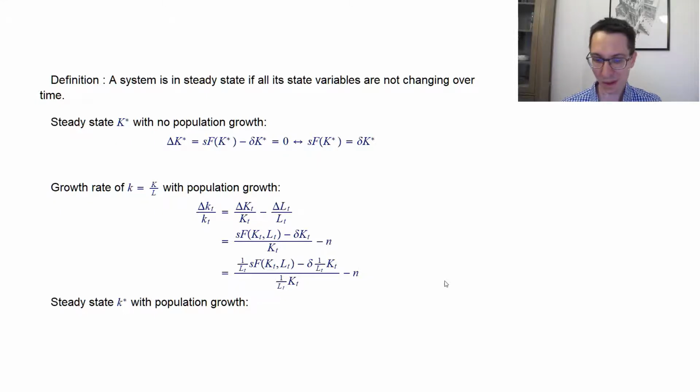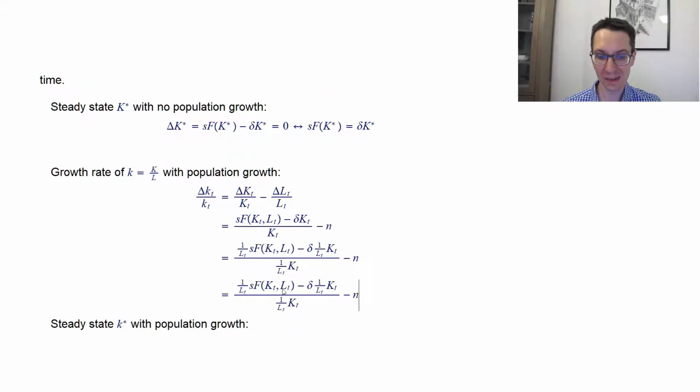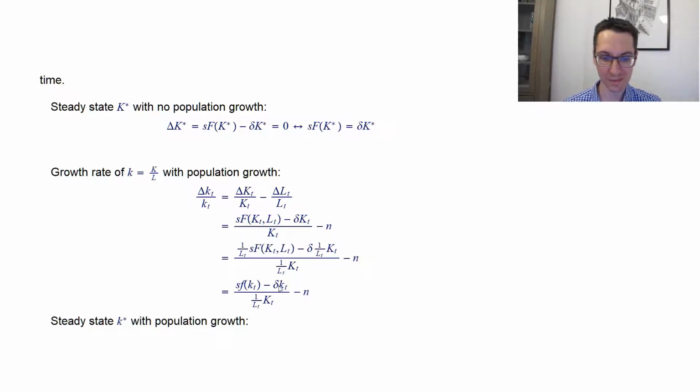Okay, now here's a small trick we're going to use. Let's multiply by 1 over L_t at the numerator and the denominator to put everything in per capita terms. So 1 over L_t, 1 over L_t and 1 over L_t. All right, haven't changed anything.